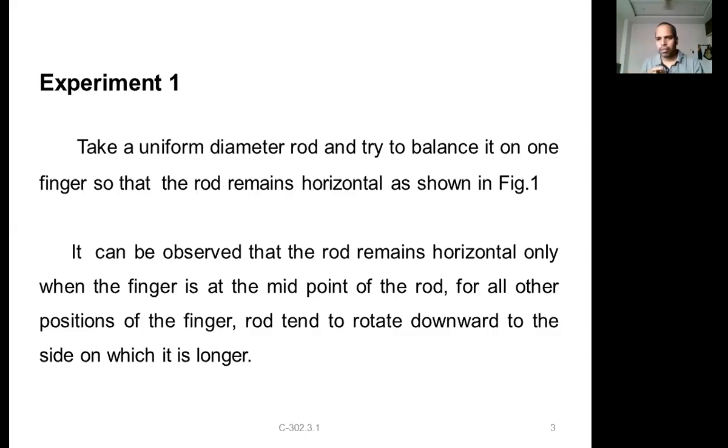For a simple uniform diameter, uniform size rod, if you keep it on the finger at the midpoint, at the center point, then it remains in a horizontal position. For all other positions of the finger, the rod tends to rotate downward to the side on which it is longer.